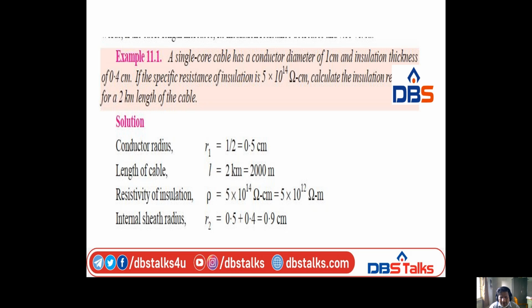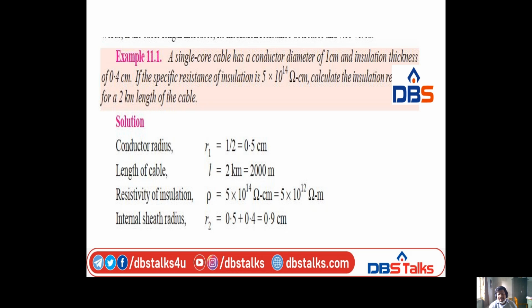Then resistivity of insulation, rho, is equal to 5 into 10 power 14 ohm per centimeter. Now 5 into 10 power 14 ohm per centimeter must be converted into ohm meter, that is equal to 5 into 10 power 12 ohm meter.